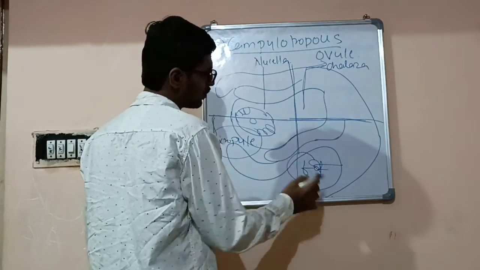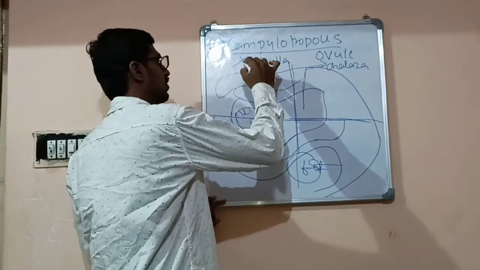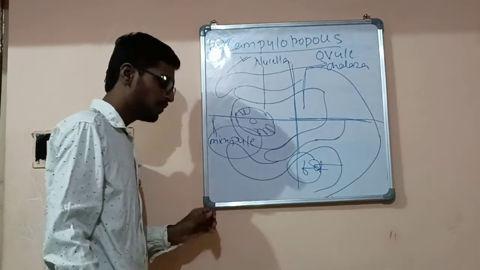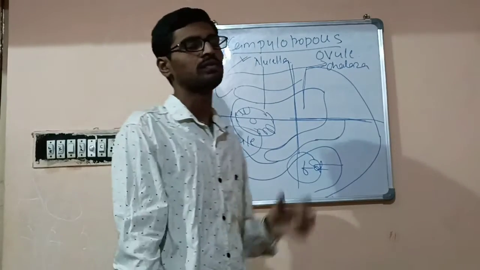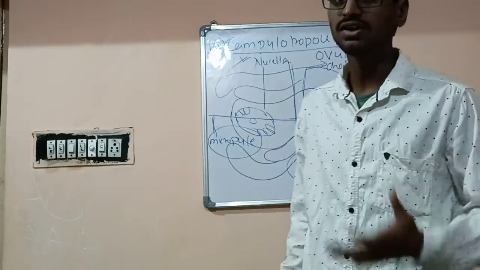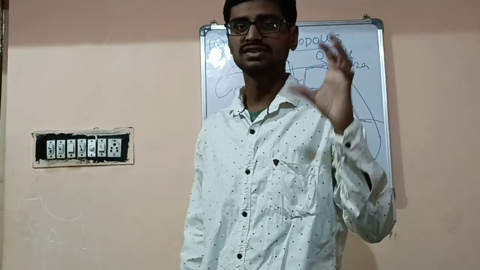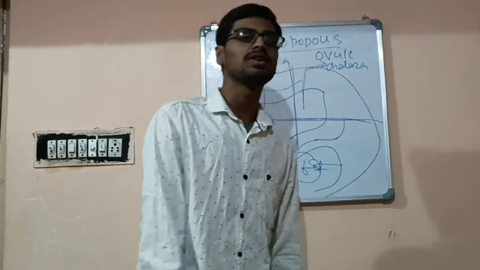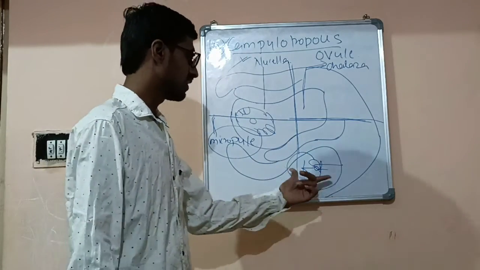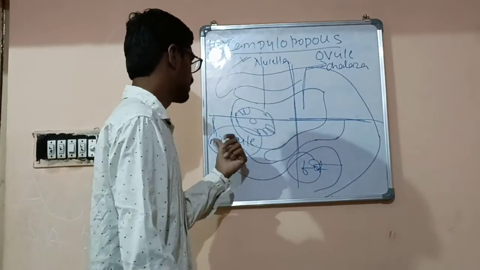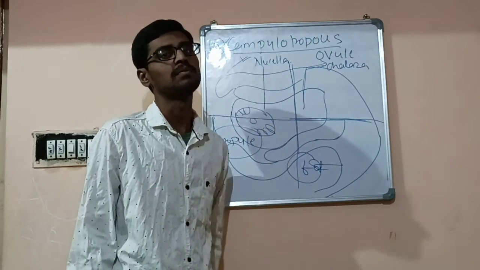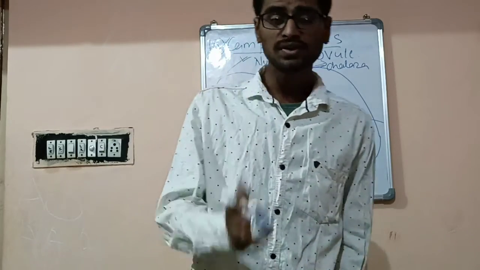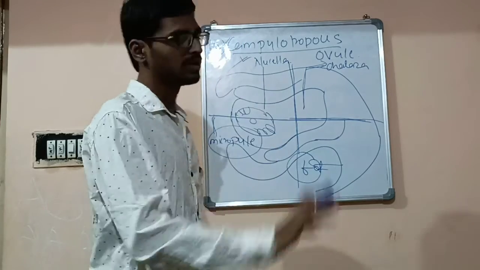That is called campylotropous. This completes the fifth type of ovule, campylotropous.